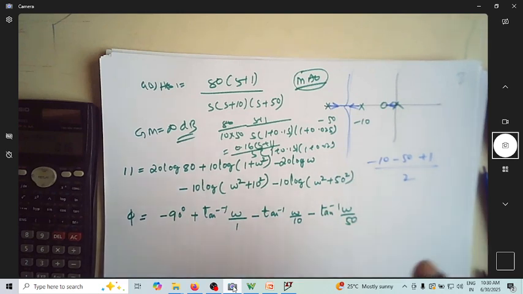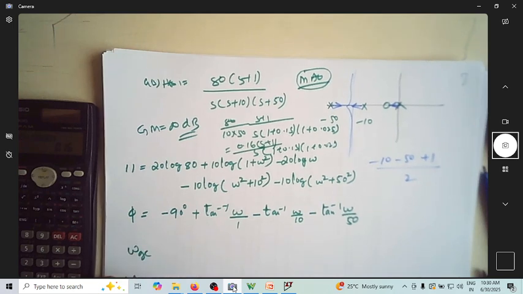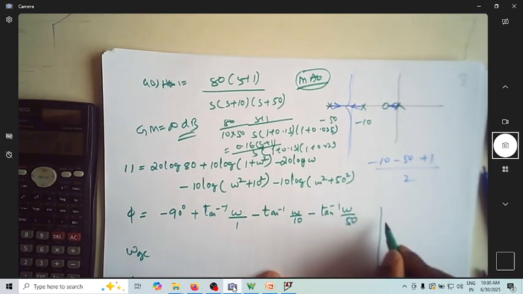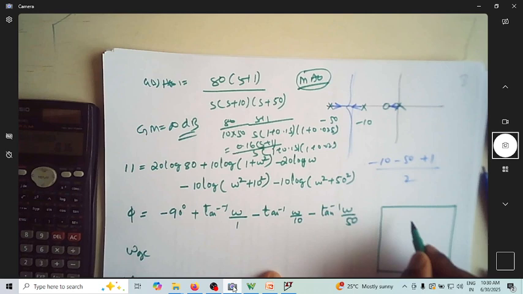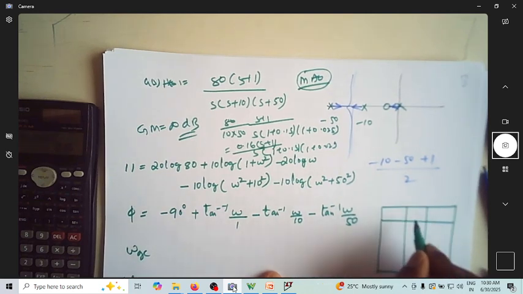Let us verify the same thing over here. So now let us try to find out omega GC and omega PC. You can be careful here. Actually, of course, no need to find the value of phase at all different values of omega.